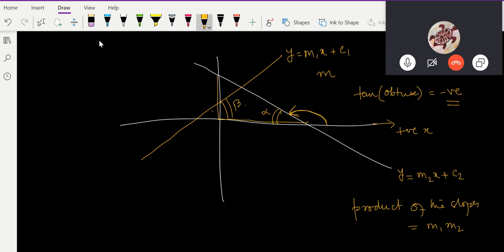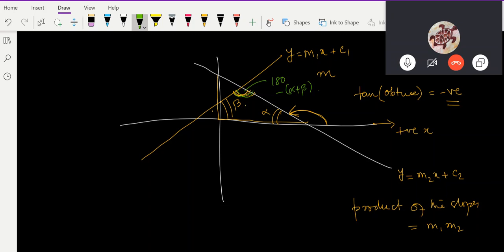If this is alpha and this is beta, then what is the value of this angle? It would be 180 minus alpha plus beta. Correct? Yes, sir.